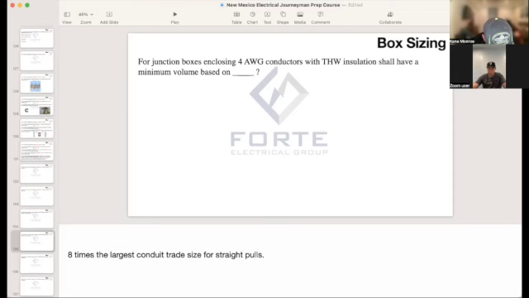If you look at example D5A, it's a multifamily dwelling service at 208/120 volt.